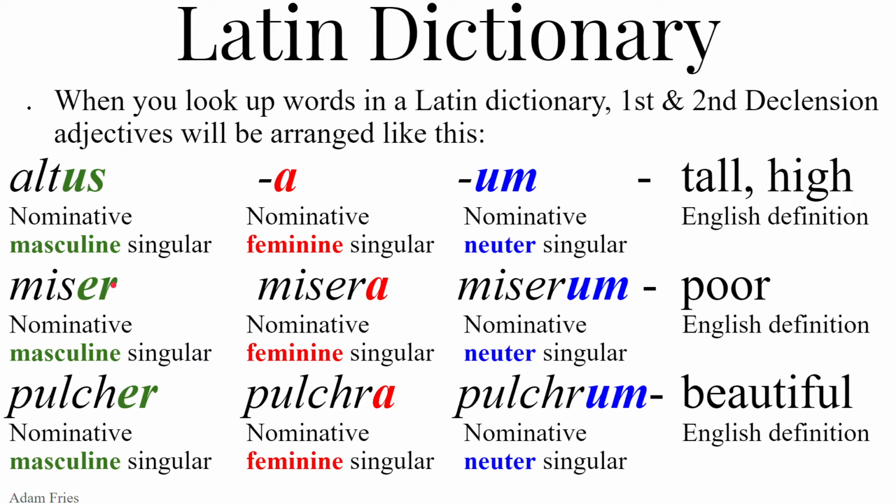You get the adjective stem from going to either the feminine or the neuter form, it doesn't matter which, and chopping off the feminine a, or the neuter um, you'll get the same thing. So miser is going to be the stem for miser, misera, miserum. You can also think of English. We say miserable. We don't drop the e, miserable.